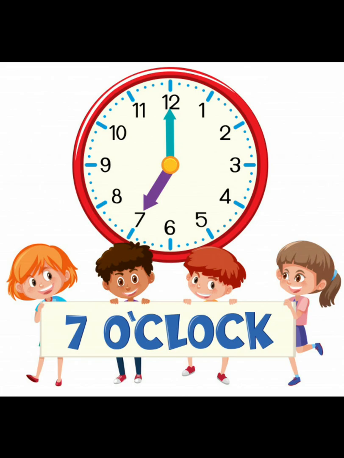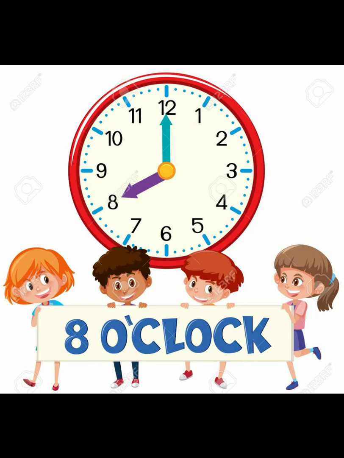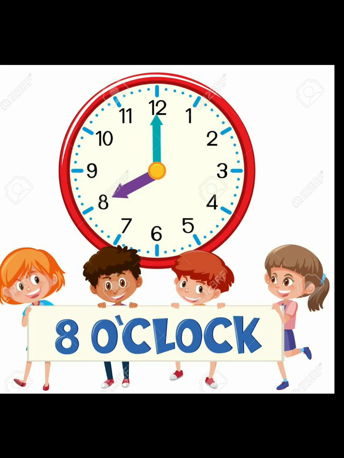So the time is 7 o'clock. Now see this clock. The hour hand is at 8 and the minute hand, the long hand, is at 12. So the time is 8 o'clock.